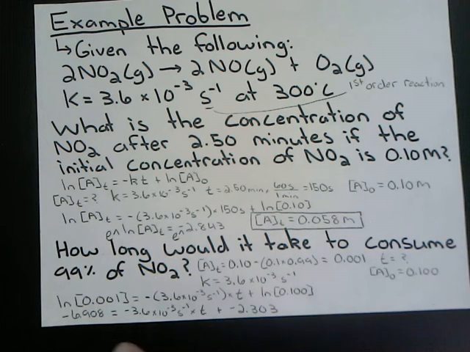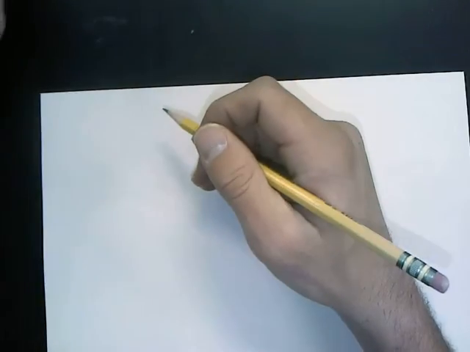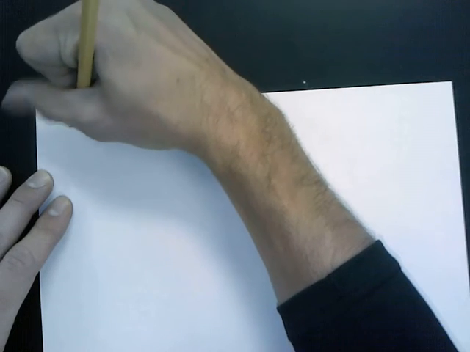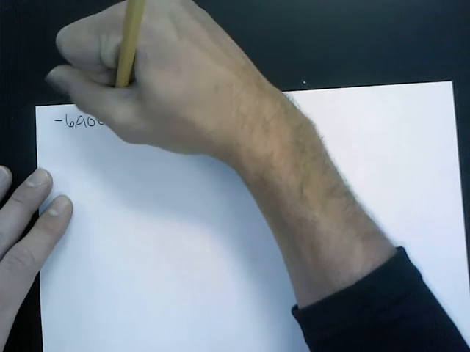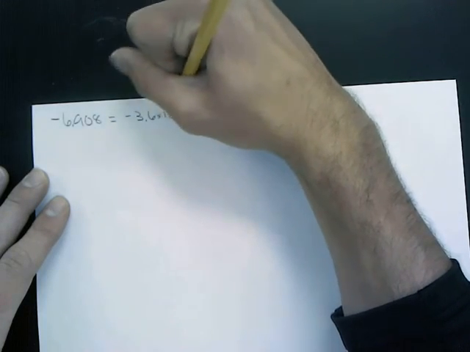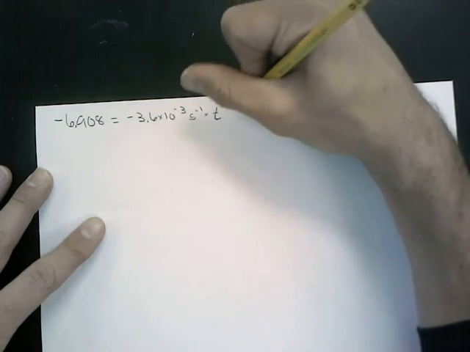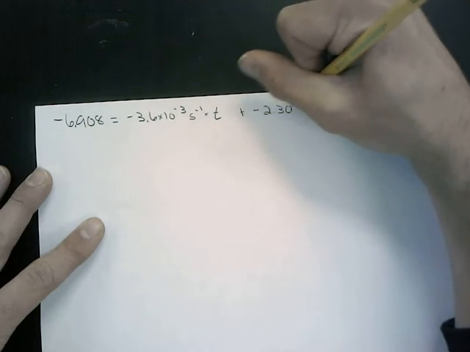I don't want to squeeze this here, so I'm going to grab another sheet of paper. Okay, I'm just going to copy down what I have right here. Negative 6.908 is equal to negative 3.6 times 10 to the negative third inverse seconds times t, plus a negative 2.303.